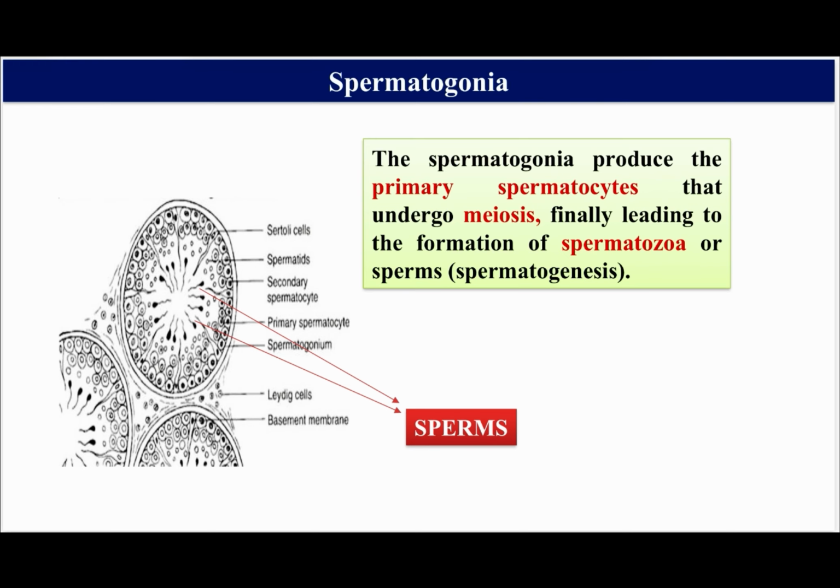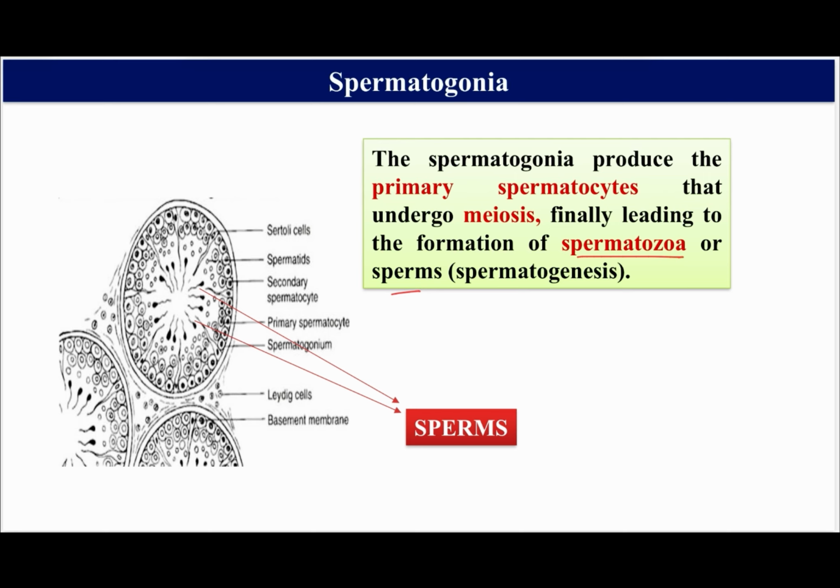Now the spermatogonial mother cell produces primary spermatocytes which undergo meiosis, and ultimately lead to the formation of spermatozoa or sperm. This process is called spermatogenesis. So you have now understood what spermatogenesis is: the formation of spermatozoa or sperm from spermatogonia.